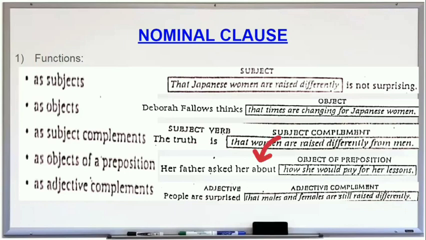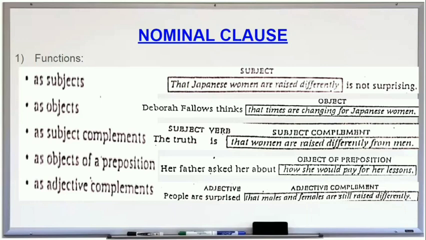In this case, the preposition is about. So you have her father asked her about, and then about it, about something. So you have the WH word, she, well, the subject, and the finite verb again.